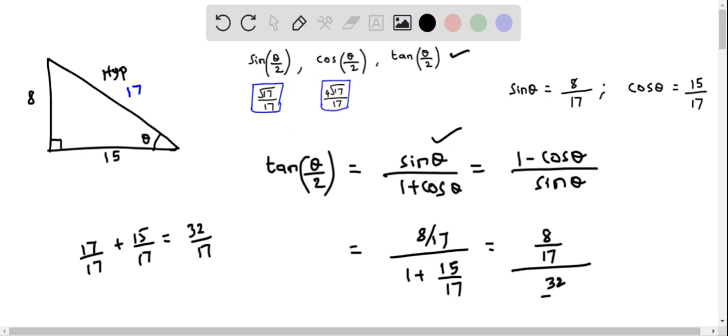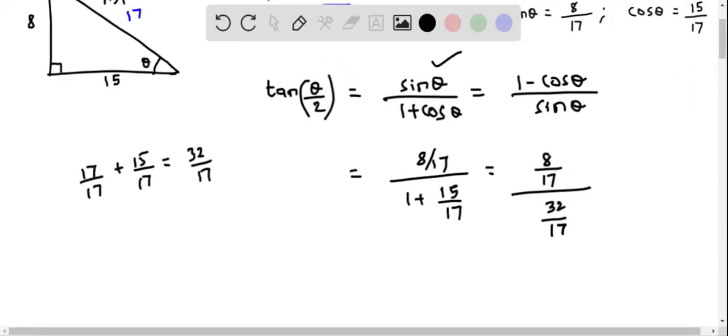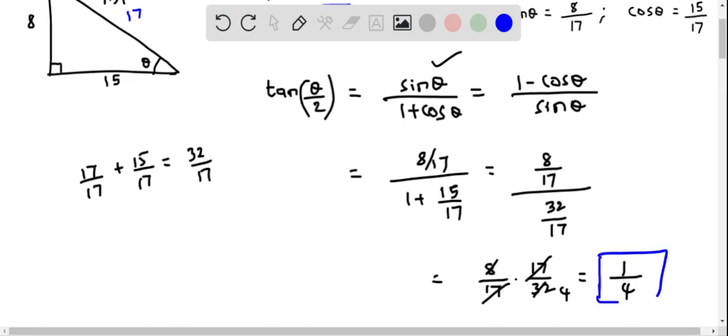So let's put 32 over 17. Now we just have to simplify these fractions. So I put the numerator fraction as is, multiplied with the reciprocal of the denominator fraction, that is 17 over 32. So these two get cancelled, and this is 1/4. So this equals 1/4, and this is the value of tan theta by 2.